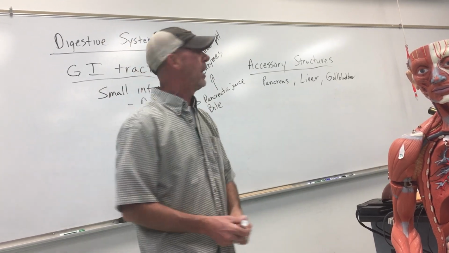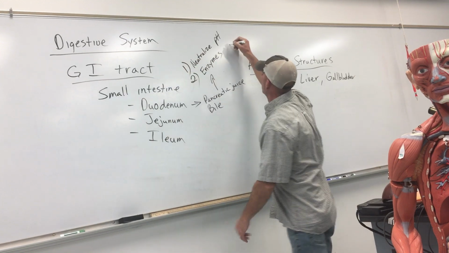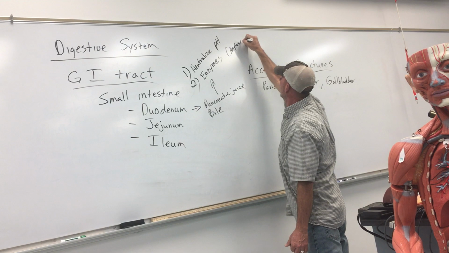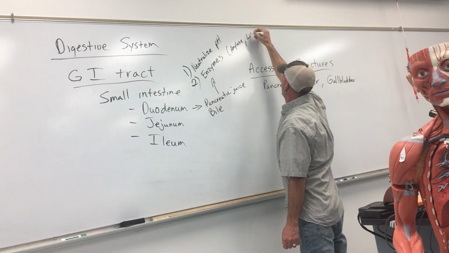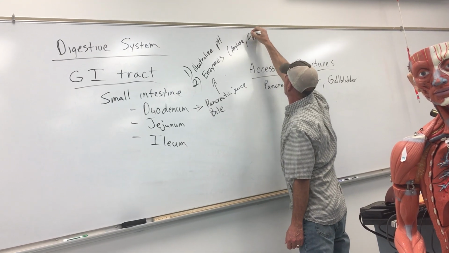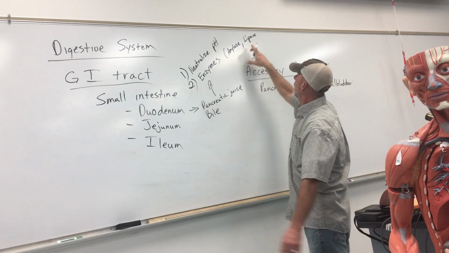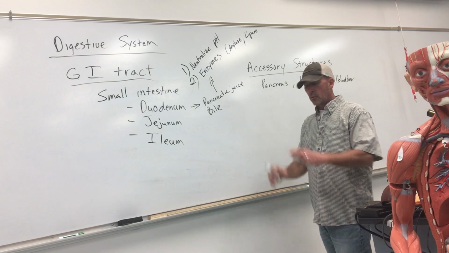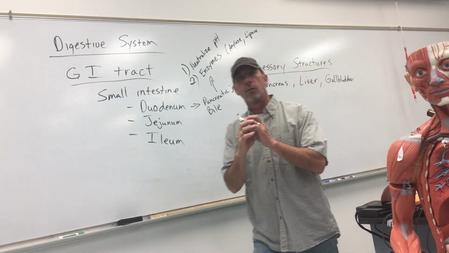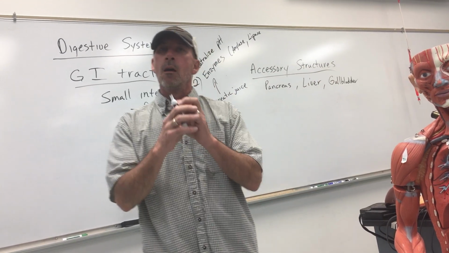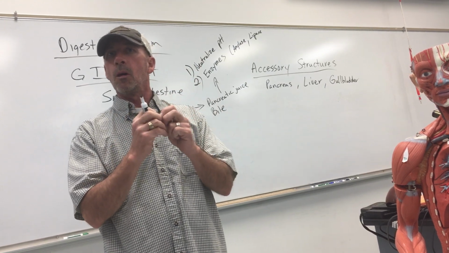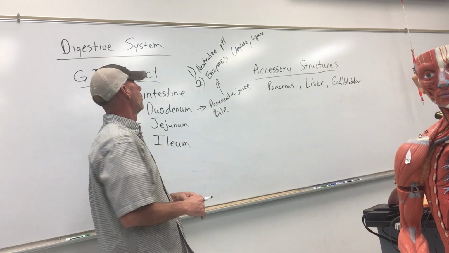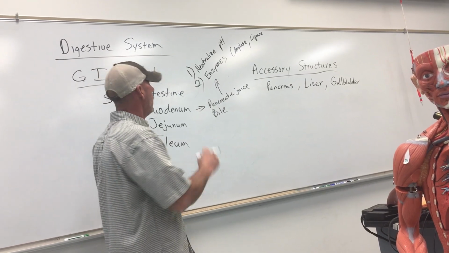We have lipase, and some of these, I already wrote some of them down, but amylase, lipase. Now lipase, obviously, with lipids being the root word, is an enzyme that breaks down our lipid molecules. So we're going to have these large molecules of fat, or lipids, but we're going to have to break them down into smaller and smaller molecules to be able to absorb those. So lipase plays a very important functional role there.